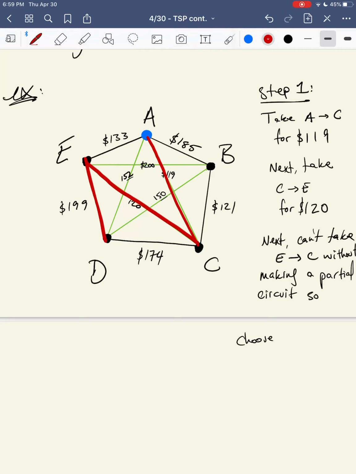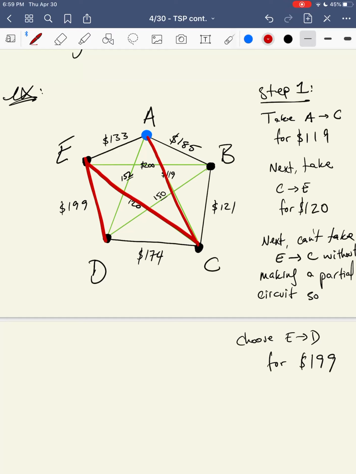So instead we go down to D. Oh, 199. Okay, and finally, we only have one more place that we can go, which is B.